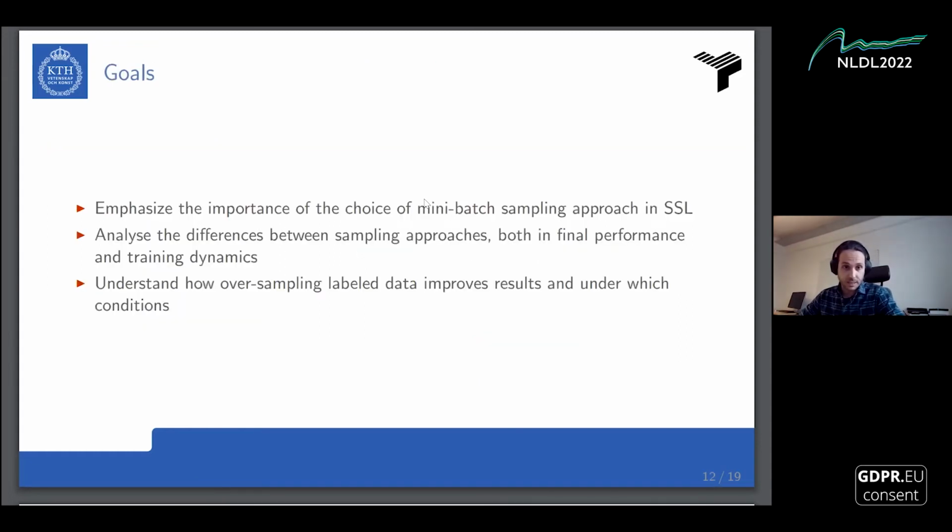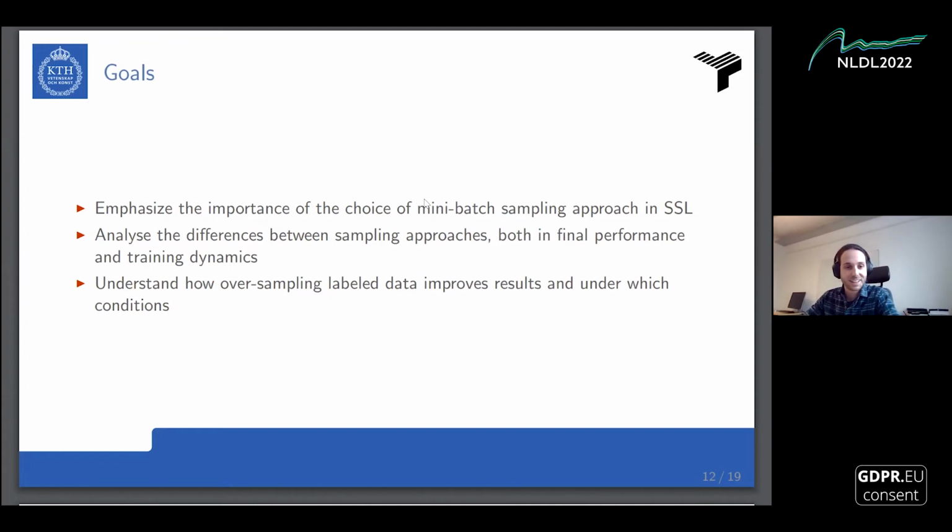So the goals in this work were first to emphasize the importance of the choice of mini-batch sampling approach in semi-supervised learning, and then analyze the differences between these 2 sampling approaches that I presented, both in terms of the final performance and the training dynamics, and understand how oversampling labeled data improves the results, if it does.